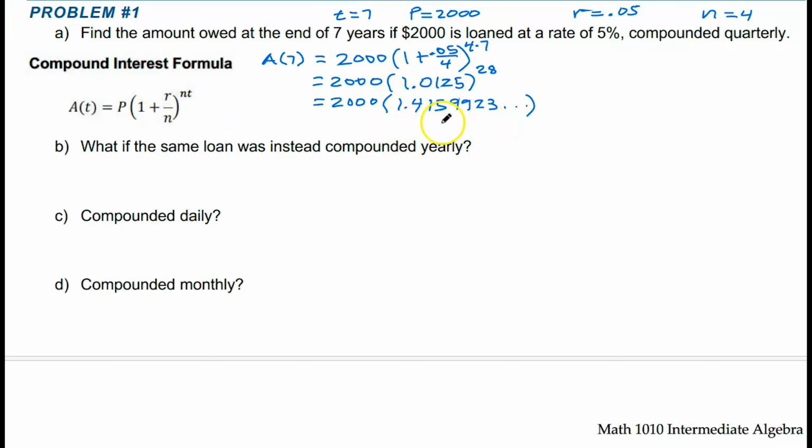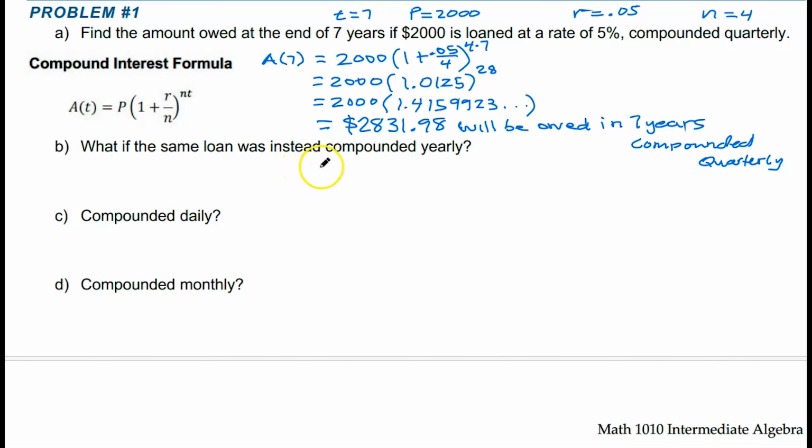All right, so that is going to give us this decimal of 1.41599923. And again, that keeps going and going and going. Keep that whole number in your calculator and then multiply it by 2,000. So that will give us $2,831.98. And this is going to be the amount that will be owed in 7 years.